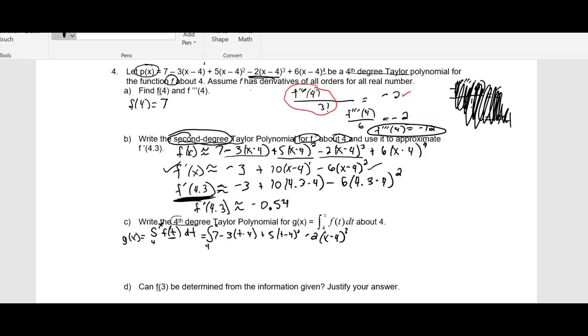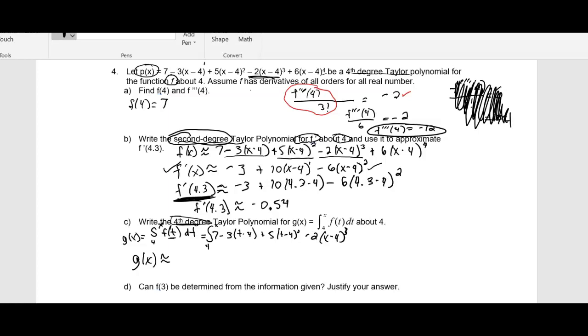Remember what we want. We want a fourth degree Taylor polynomial. We are doing the antiderivative. So we are going to stop right here because if I do the antiderivative of something to the third power, that third power is going to become a power of 4. We will be at our fourth degree polynomial. So g of x, and now we're going to write our polynomial, so we're going to use our approximation symbol.